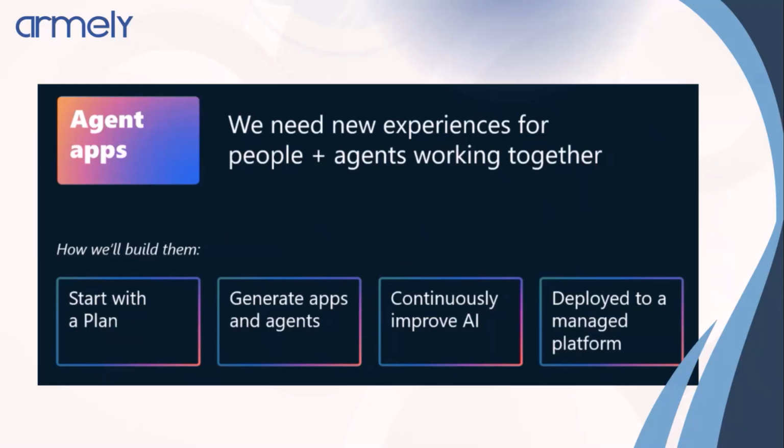Then from there, we generate the apps and agents, and then we continuously improve using AI. And all this we're doing in a managed platform, meaning we still get to enjoy all the benefits of a managed platform like the security and all.